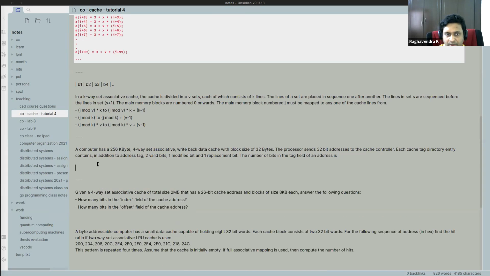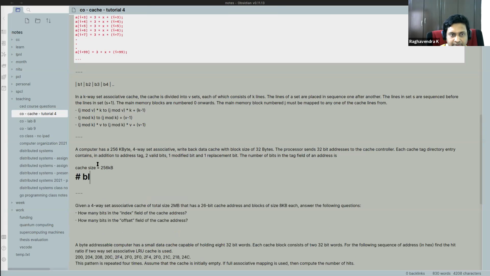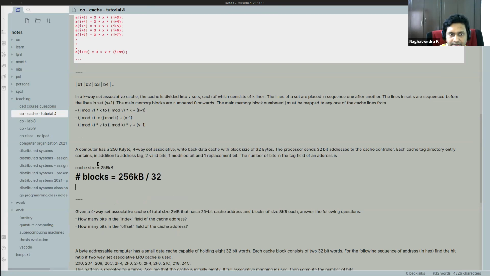Okay, can you do this? So what's the cache size? Cache size is 256 kilobyte. And we'll find out the number of blocks. The number of blocks is cache size divided by block size, so 32 bytes.